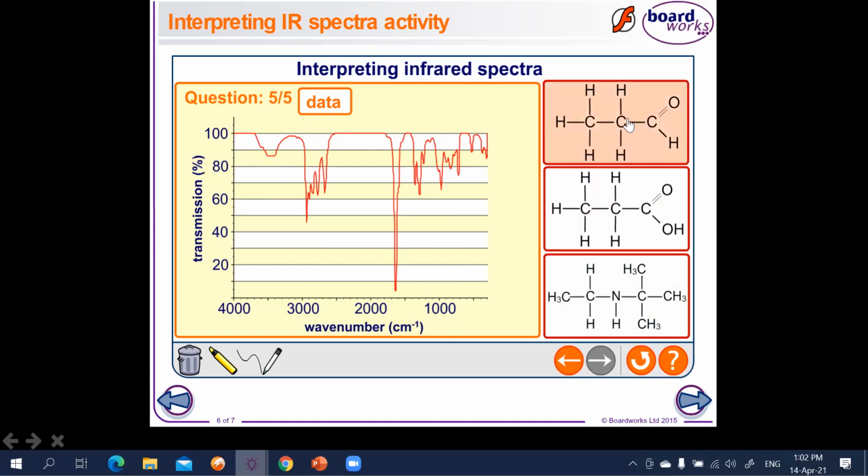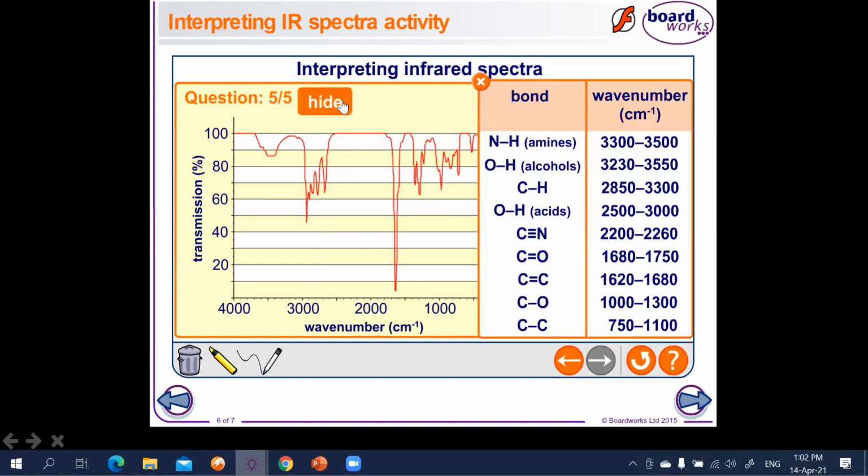So that leaves only this one, because these are your normal carbon hydrogen stretches here. No alcohols here. This one could have been an NH, but it's not a strong enough peak. This one I have is a normal CO double bond.